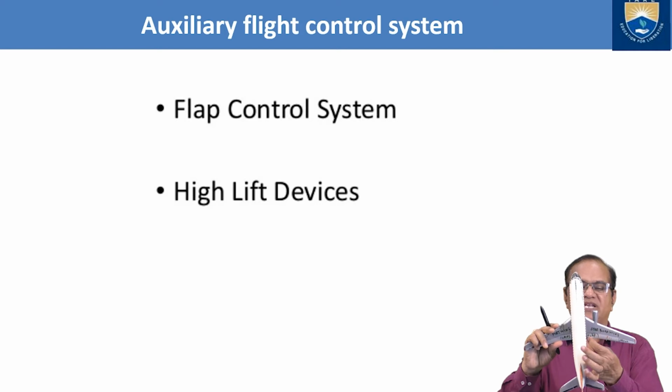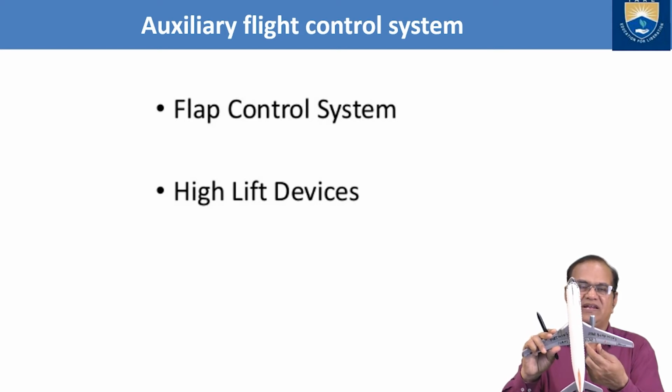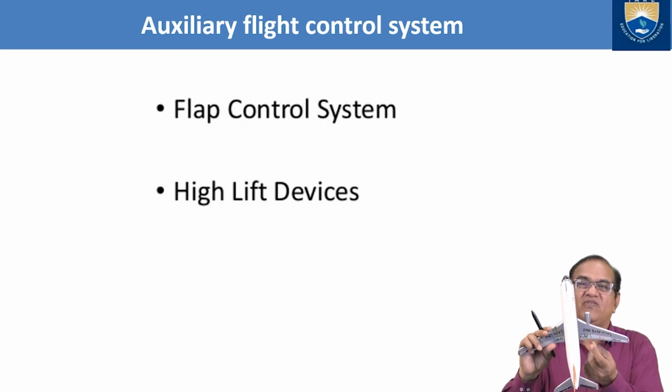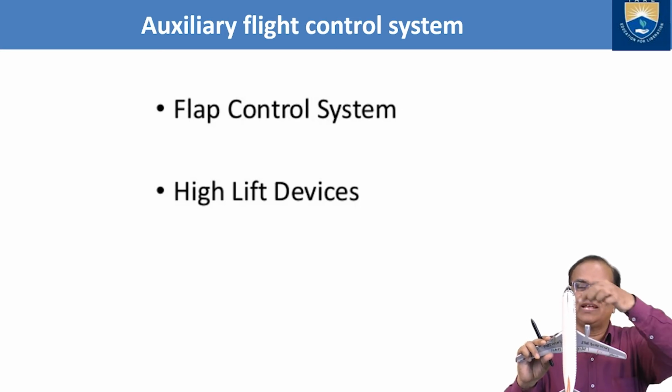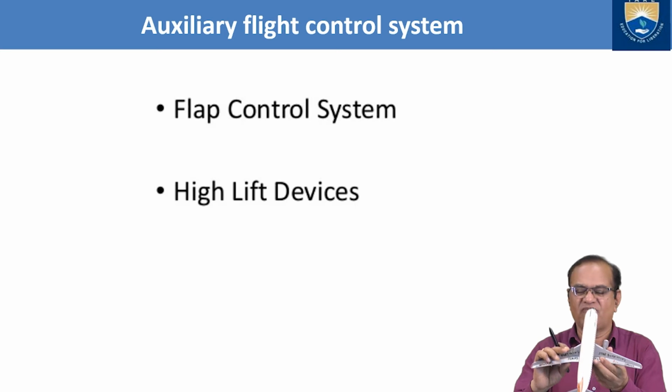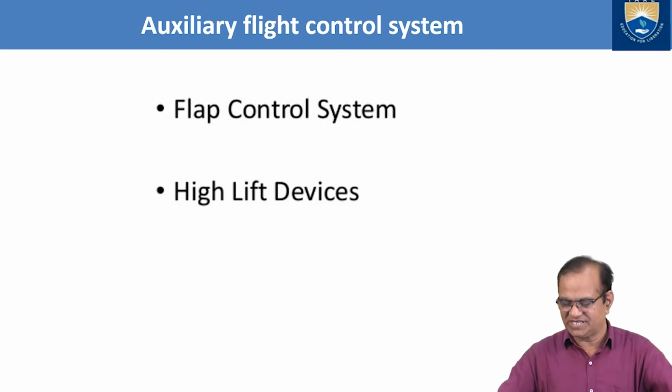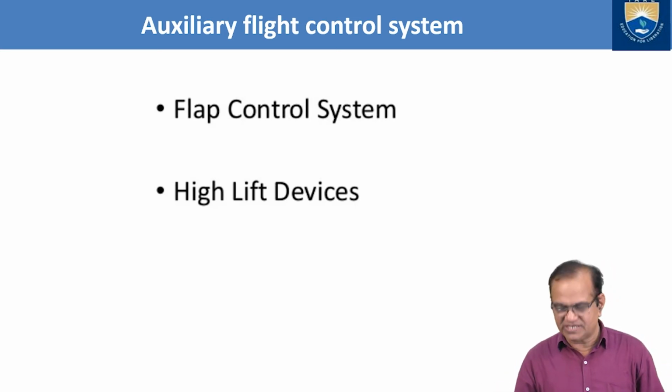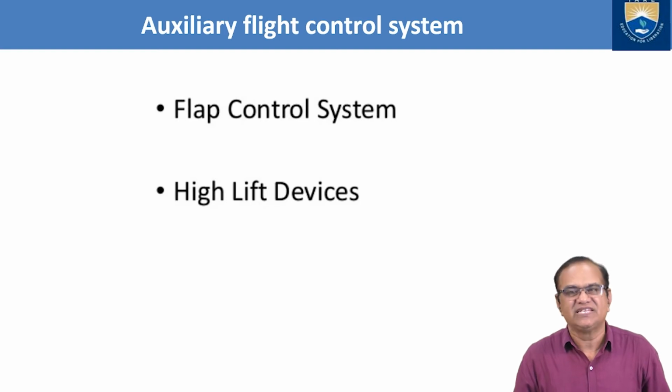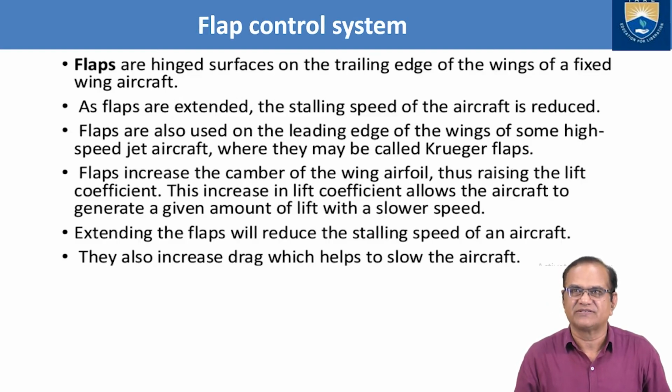Flaps are mounted near the root of the wing at the trailing edge, near the fuselage. That is the flaps. I will be discussing this in the next slides. And next is the high lift devices, which I am also going to discuss.